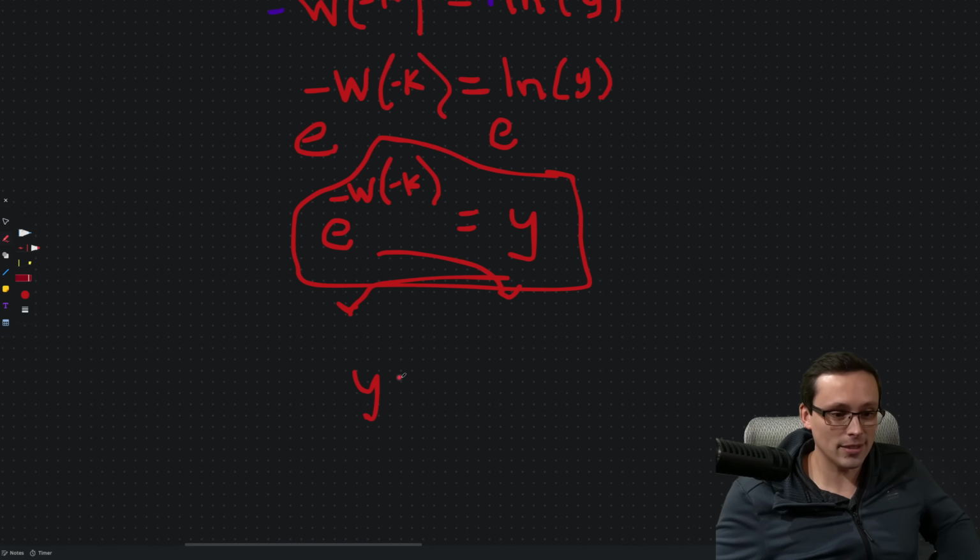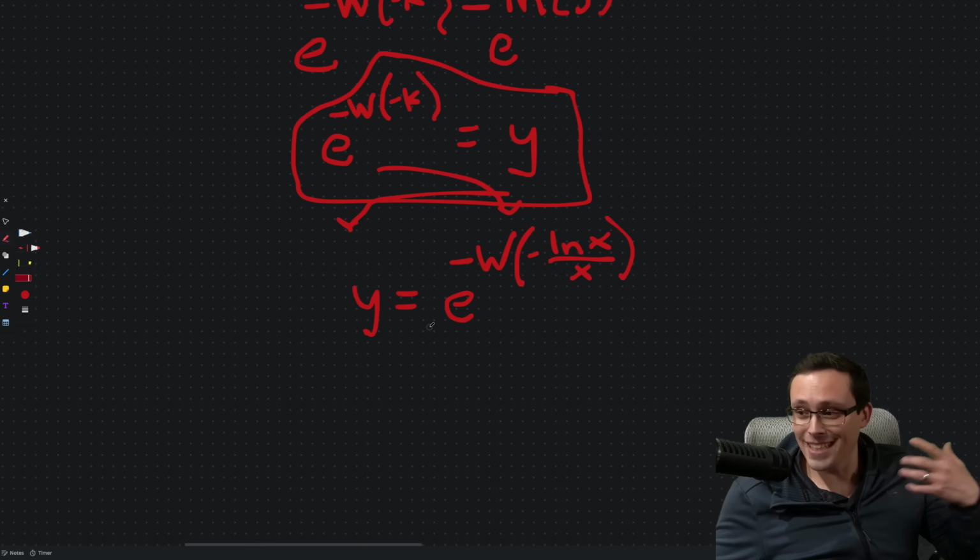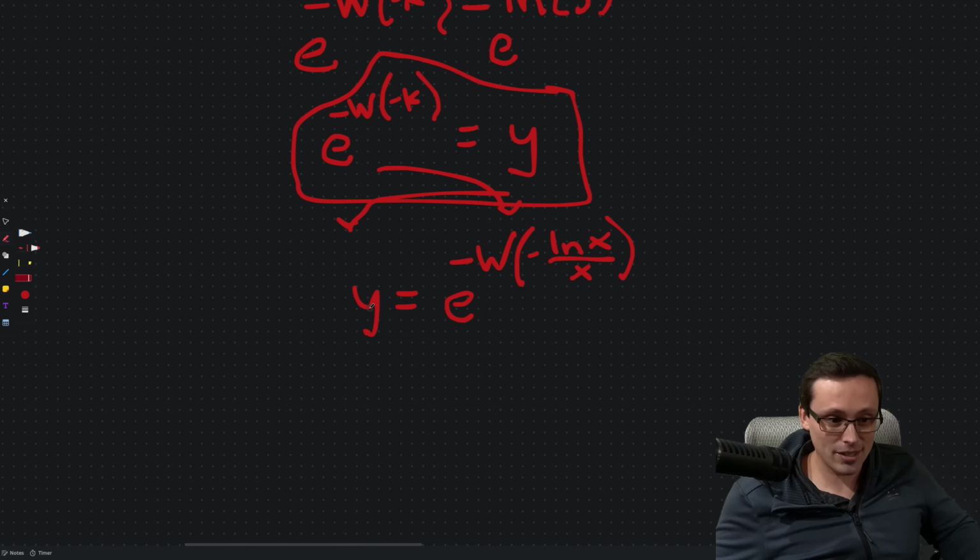So we have y equals e to the power of negative W of -k, but k was the natural log of x over x. Okay. So we did it. We're back to expressing everything in terms of the original variables, x and y.